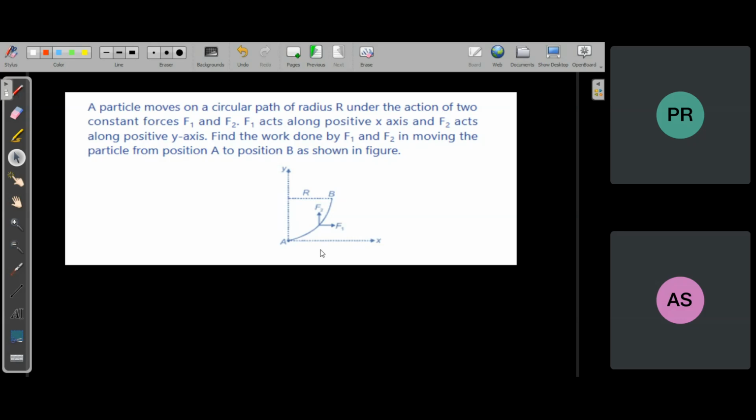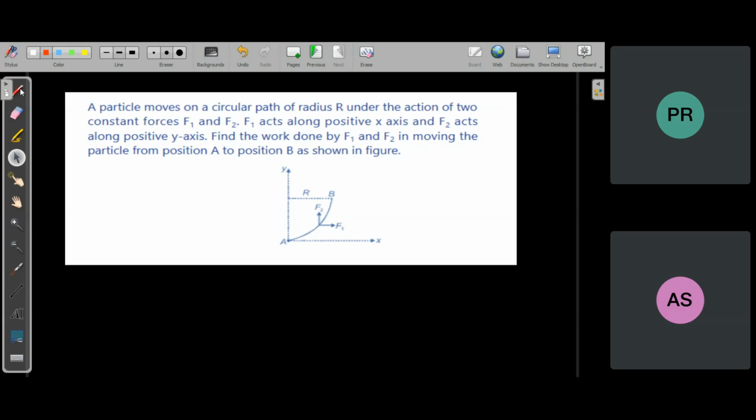So, what are you getting finally? The work done by F1 will be F1 into R jobs only.